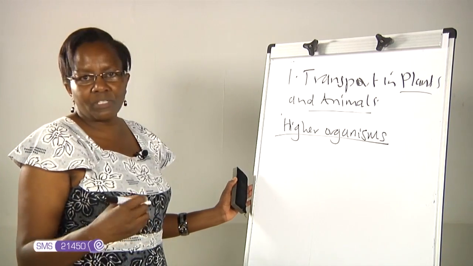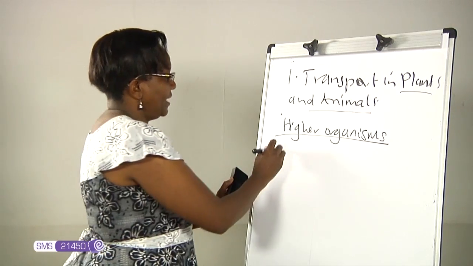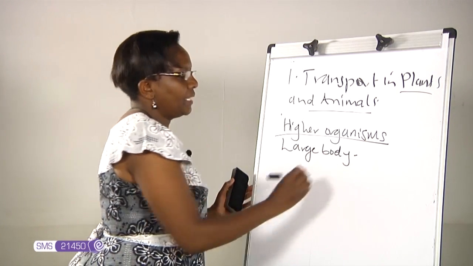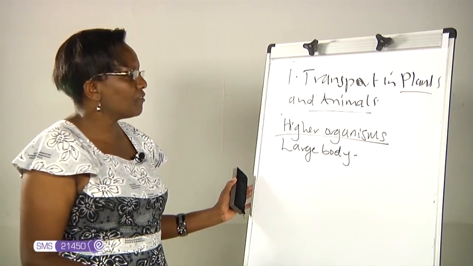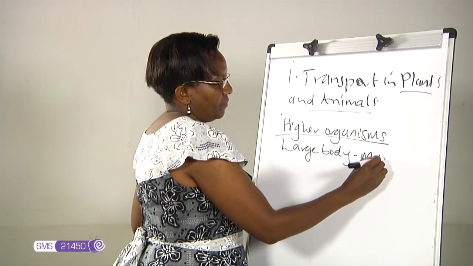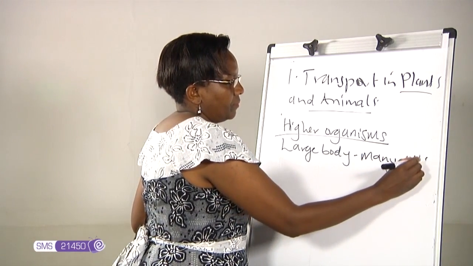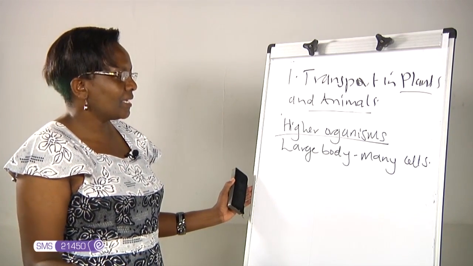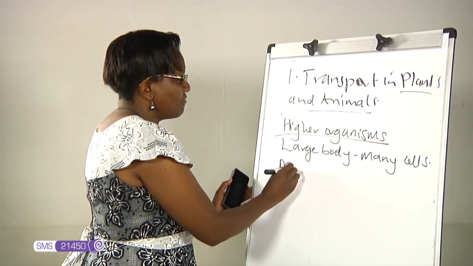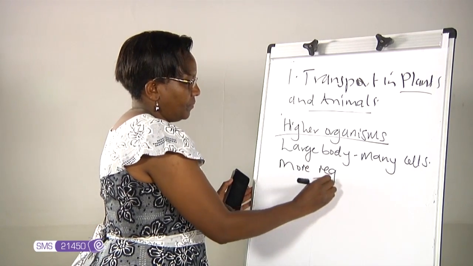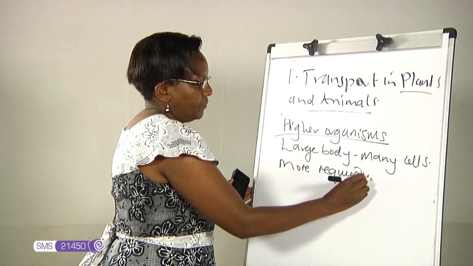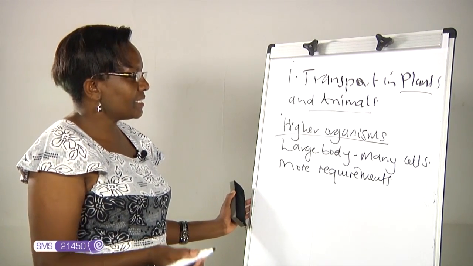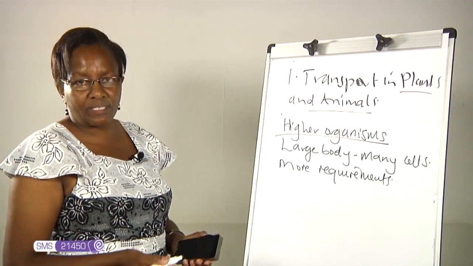Now, higher organisms, on the other hand, have a large body. A large body means that they are made of many cells. So what does this tell us? The more the cells, the more the requirements. So they have more requirements in terms of nutrients, and at the same time, they produce more wastes.